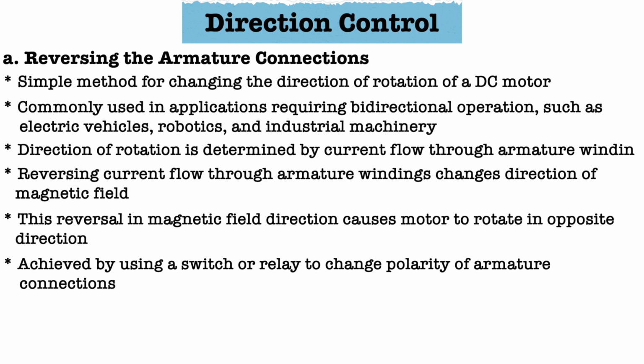This reversal of the magnetic field direction causes the motor to rotate in the opposite direction. This is done by using a switch or a relay to change the polarity of the armature connections. This is the most simple and effective method for applications requiring bidirectional operation, such as in electric vehicles and conveyors.